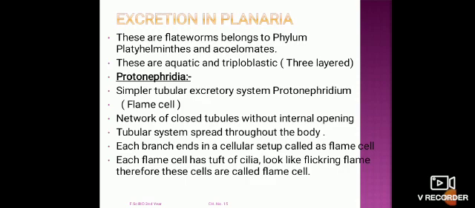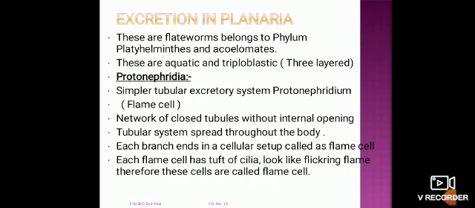The simpler tubular excretory system, Protonephridium, is also called a flame cell. The network of closed tubules without the internal opening spreads throughout the body, and each branch ends in a cellular setup called the flame cell.